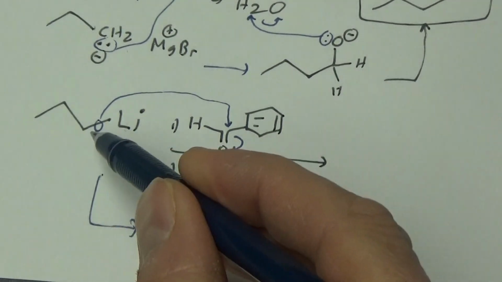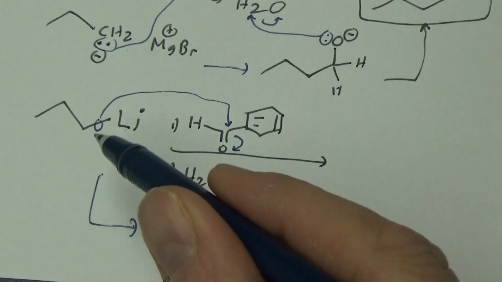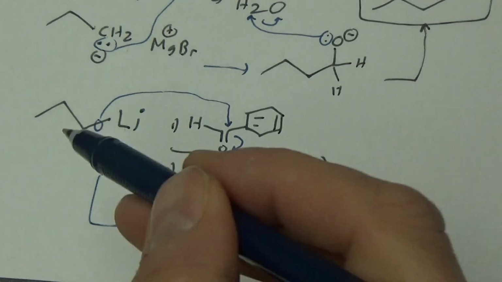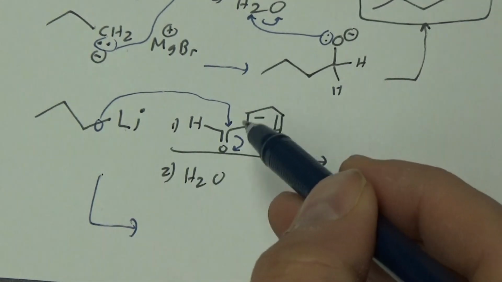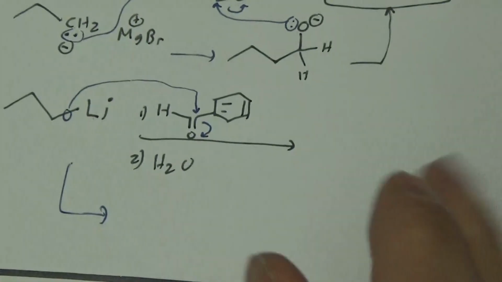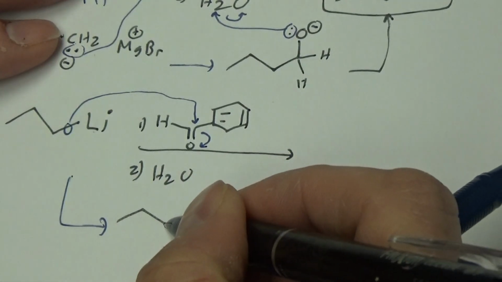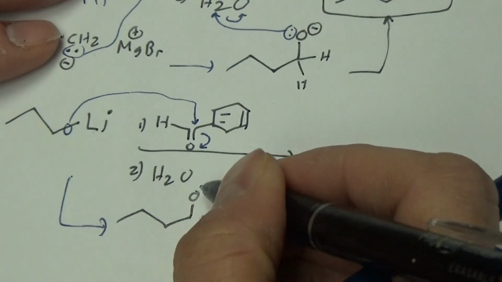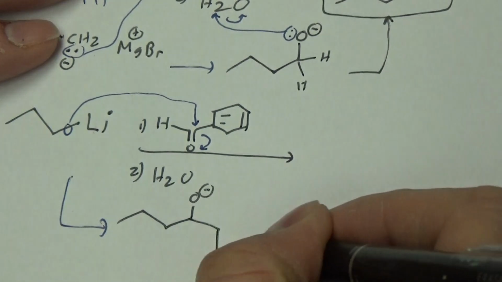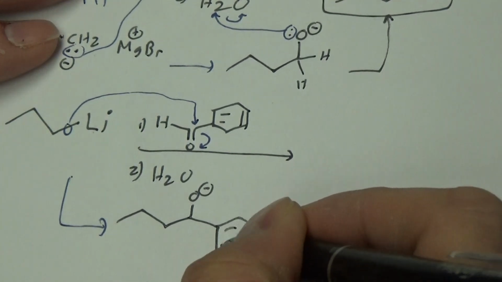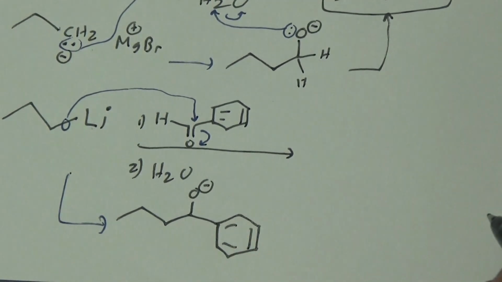So this is 7 carbons, 3 plus 7 should be 10. 1, 2, 3. 6 plus 1 is 7. O minus. Okay.